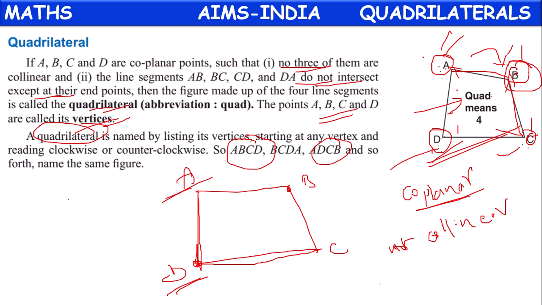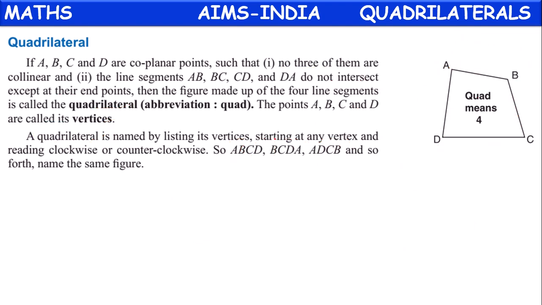So we can name from any vertex, in any direction, either clockwise or anti-clockwise, but we have to name it with the help of vertices. So this is about a quadrilateral, children.